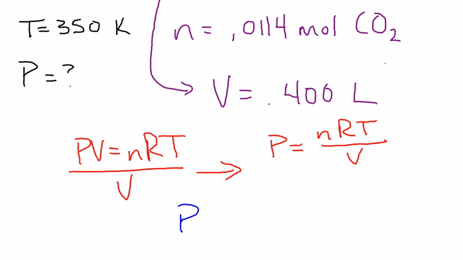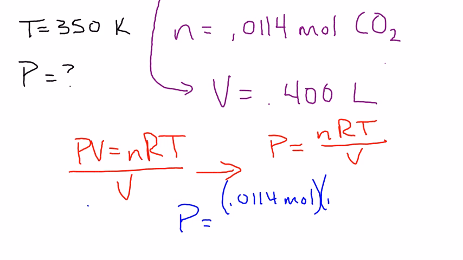We're going to have P equals that 0.0114 moles times R, which as you recall is, I need to find my undo button here. Here's my eraser. There we go.